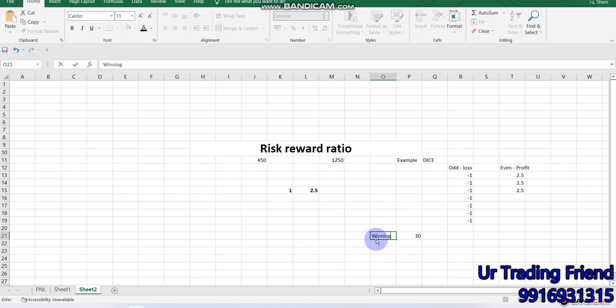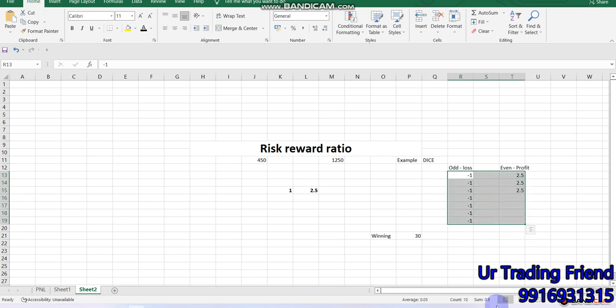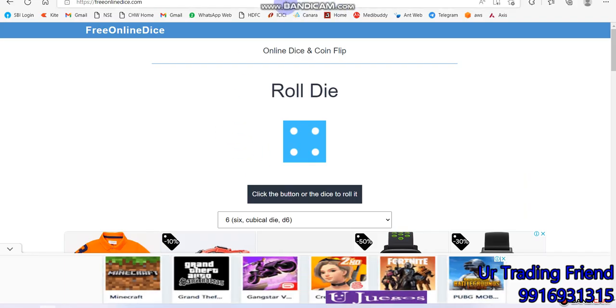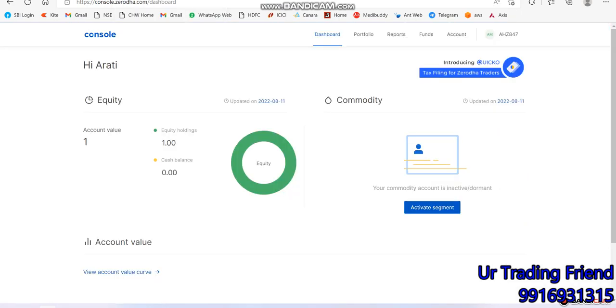If you have a proper risk reward ratio, a 30% winning ratio is also a very good number, because you are ending your 10 days with a small break even or at least small profits. It's a very nice example. I got it online, it was continuously drawing down. The same thing has happened with me in my live ledger.